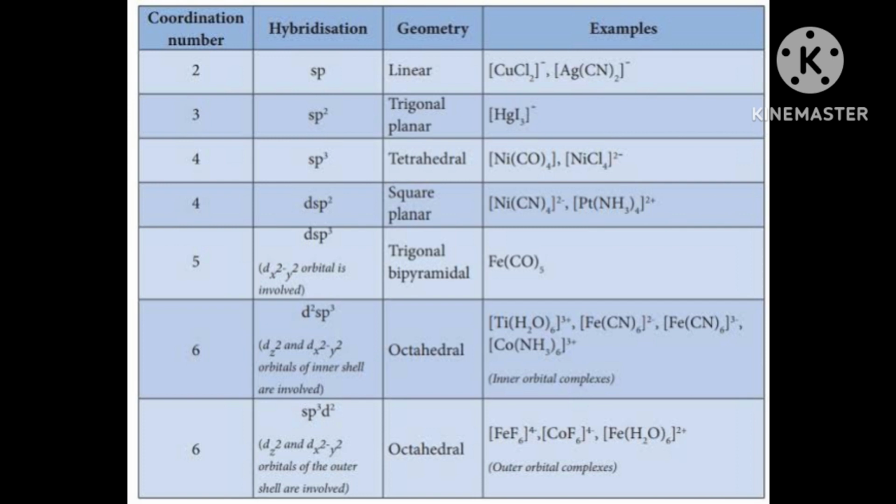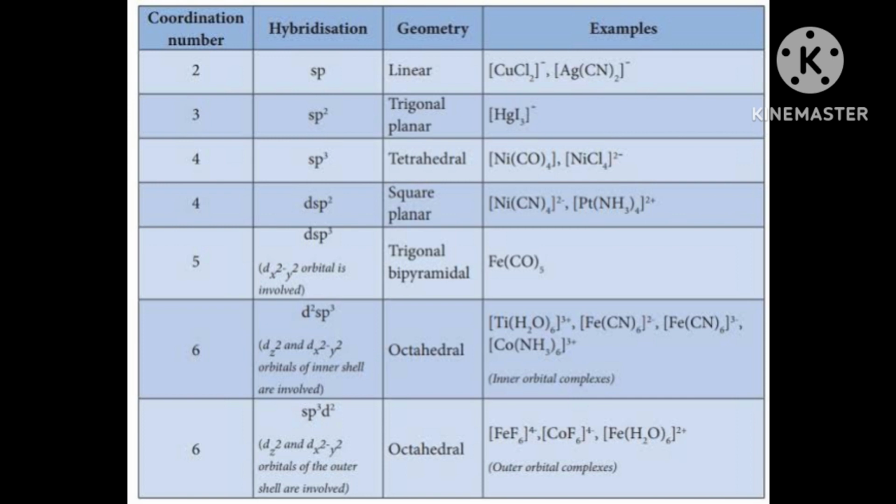Why do you write 4s and 4p? It is empty, vacant, but you write it because in hybridization vacant orbitals will also take part.